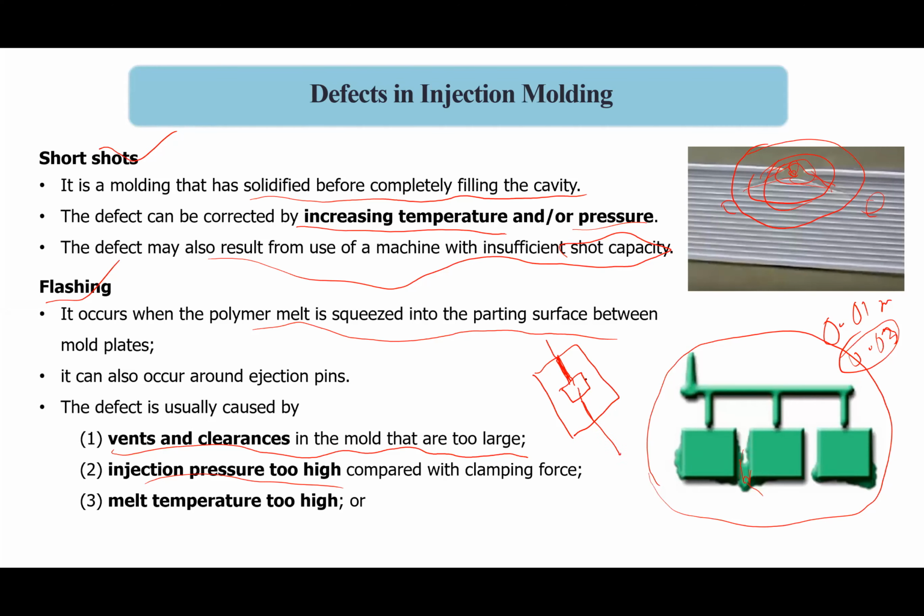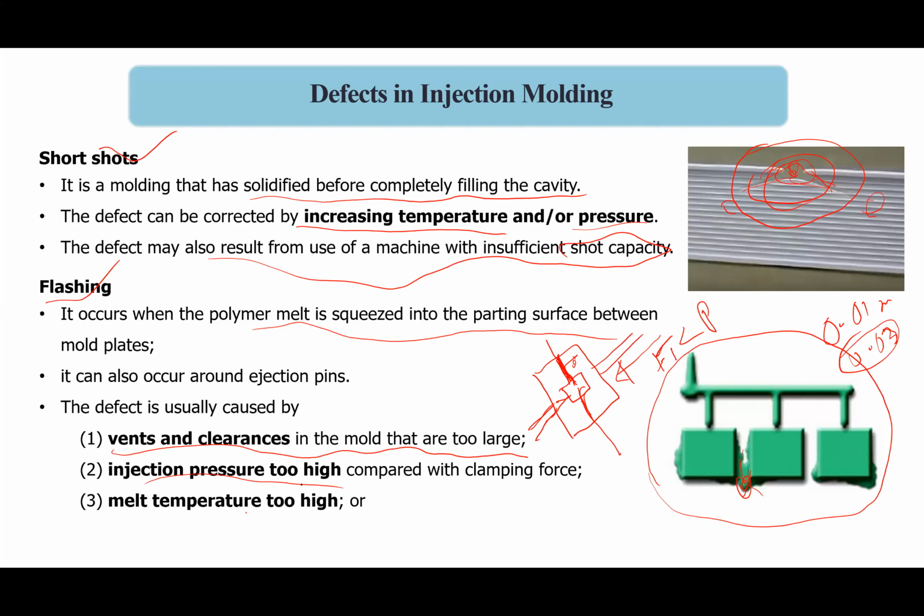But if the pressure is too high compared to the clamping pressure, if the clamping force F1 here is less than the pressure applied from the screw, then there is a possibility that this mold will get separated from here and some material will get out this way, and that will cause this kind of flushing.